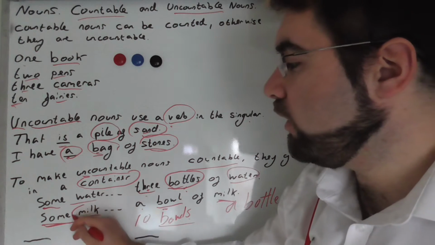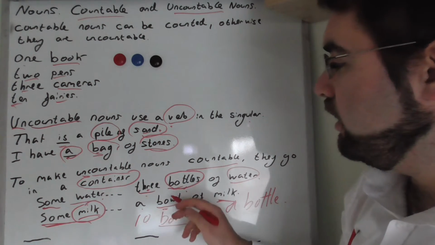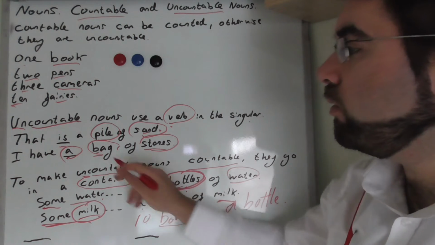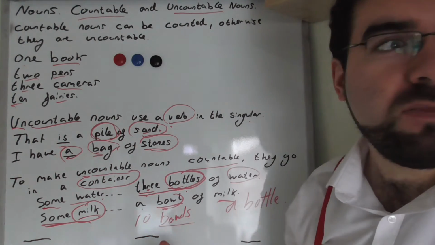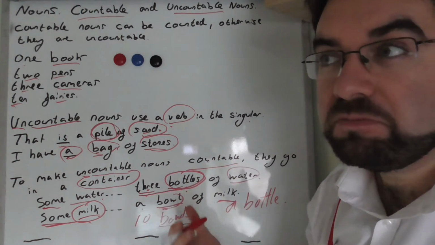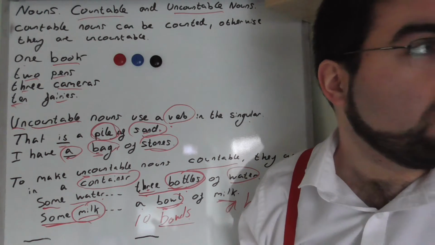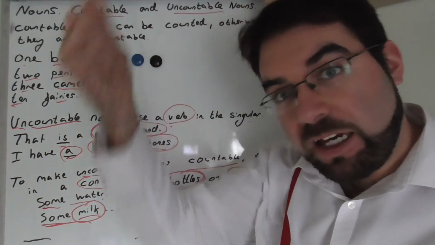So we can turn uncountable, milk, water, sand, stones, into countable by adding a container. A bottle, a bowl, a bag, a pile, a box, a suitcase, anything really, a container, a bag, a drawer, anything, even a hat. A hat, put the stuff in it.